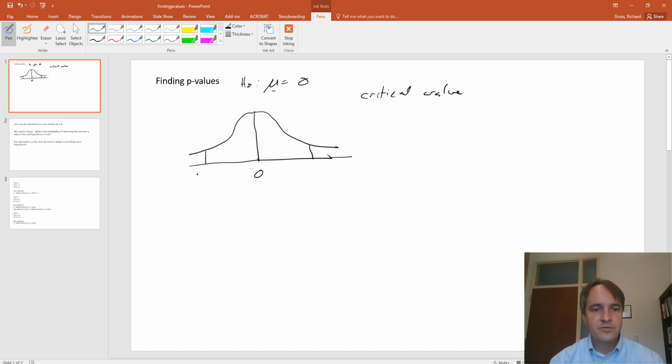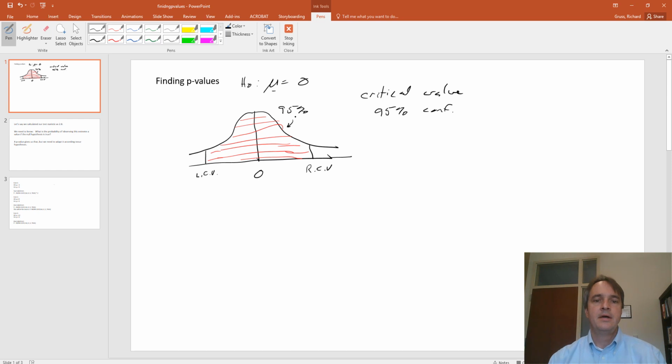So we would have this left critical value and this right critical value such that, let's say we wanted to be 95% confident that we are making the correct decision with regard to this null hypothesis. That would mean we want to choose left and right critical values such that 95% of the probability is in here.